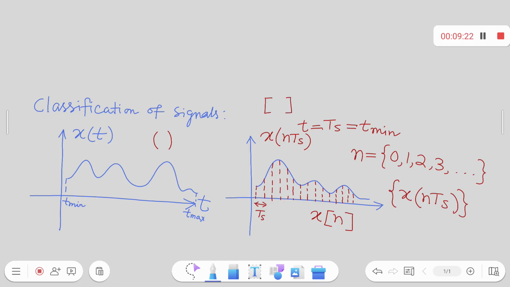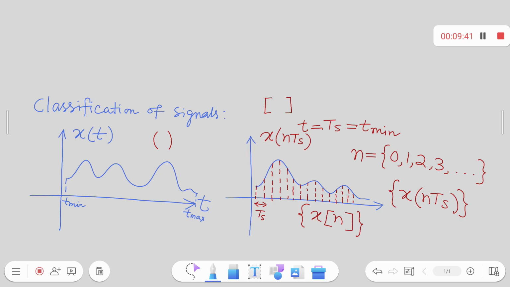So ultimately, what you are getting is this set of x of n: x of 0, x of 1, x of 2, x of 3, x of 4, and so on. Is it okay? Clear? So that is the difference between a continuous time signal and a discrete time signal.